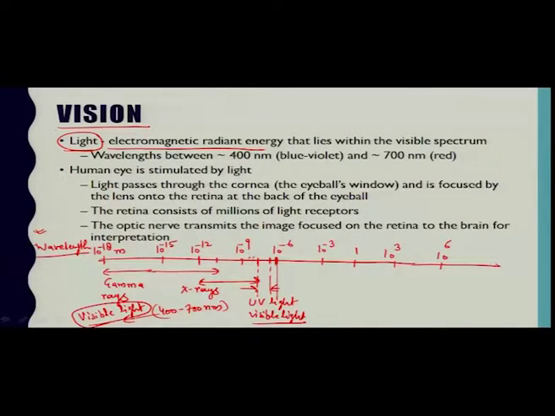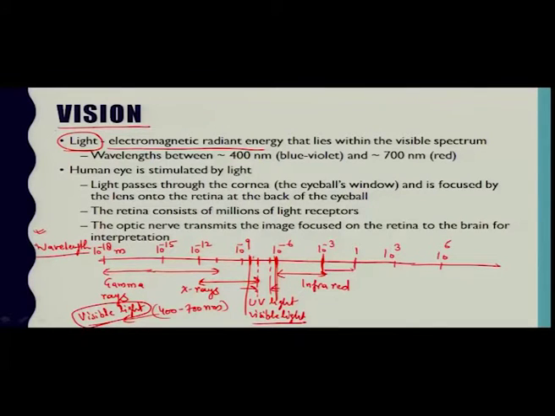So then you can think of 10 to the power, let us say, minus 6 to 10 to the power minus 8. This is the UV visible light range, and apart from that, 10 to the power minus 6 to 10 to the power minus 3, this range is of infrared radiations, and apart from this infrared there are radar waves or microwaves.